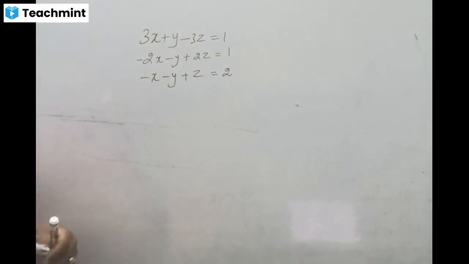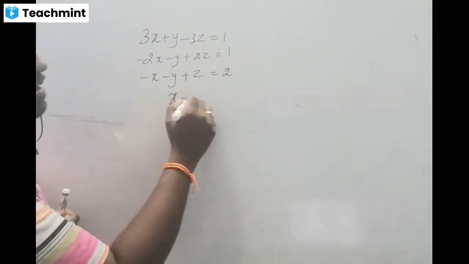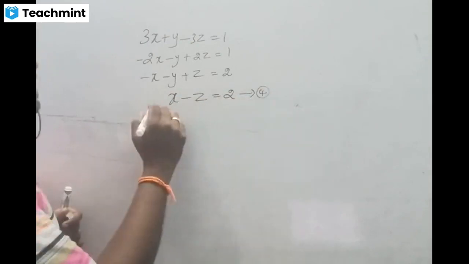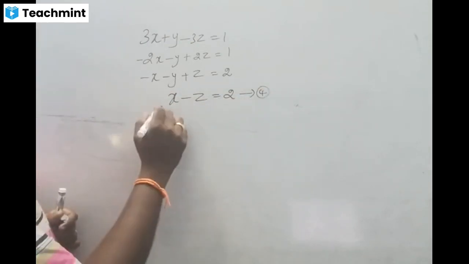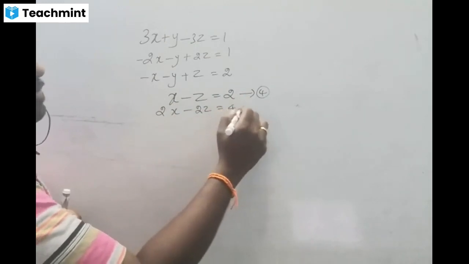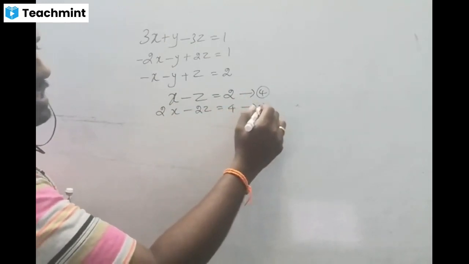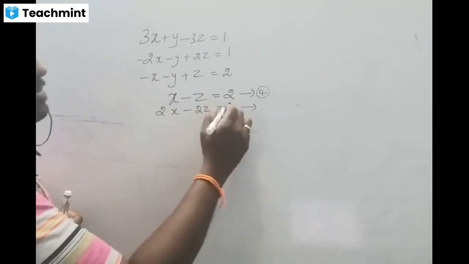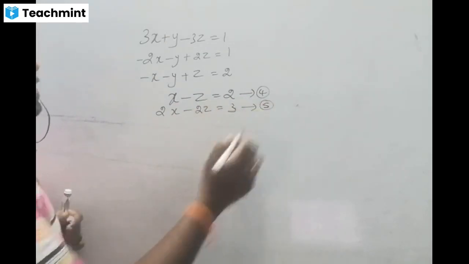Okay, what is the fourth equation, ma? x minus z equal to 2. This is the fourth equation. And what about the fifth equation? 2x minus 2z equal to 4. Am I right? No, sir, 3. This is equation 5.